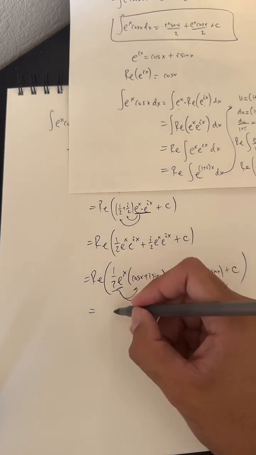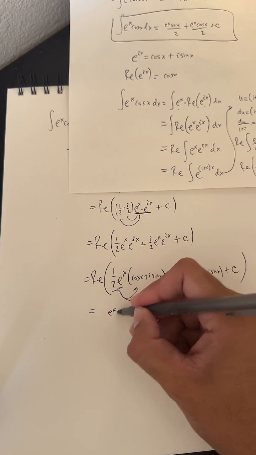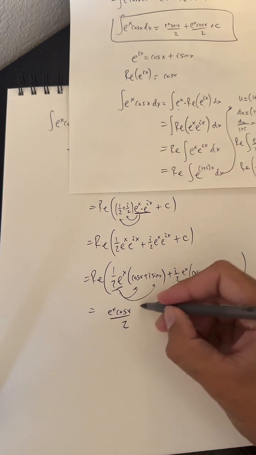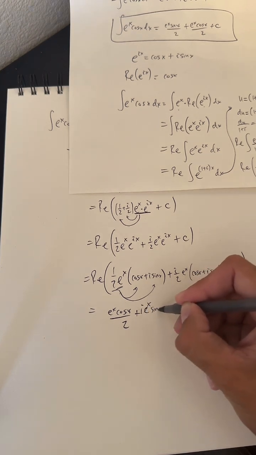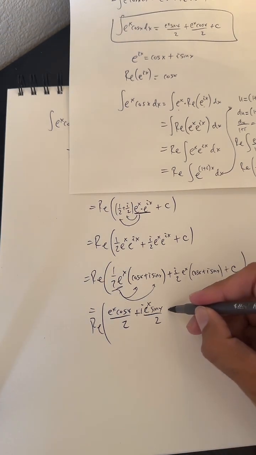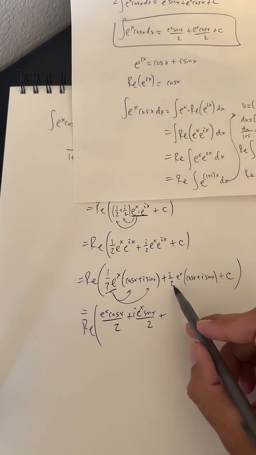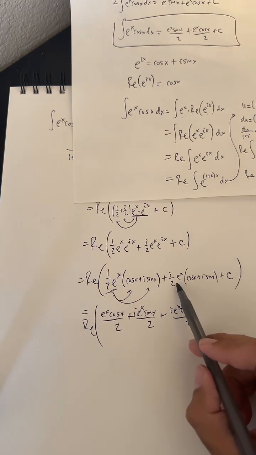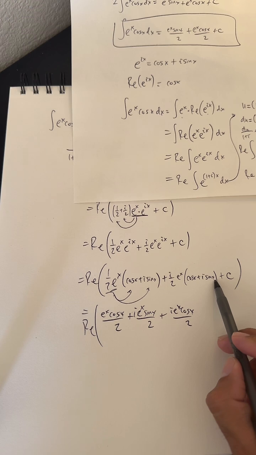So that gives me e to the x cosine of x over 2, I just put it as one denominator here, plus i e to the x sine of x over 2. Don't forget this is still the real part. And then plus, let's continue here. When we multiply this value to the cosine, this becomes i e to the x cosine of x over 2. And then we're going to multiply this to this side.